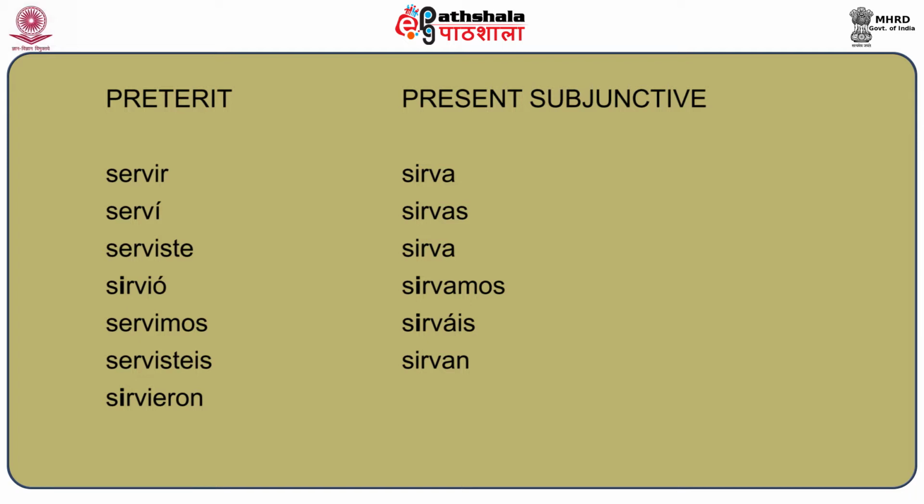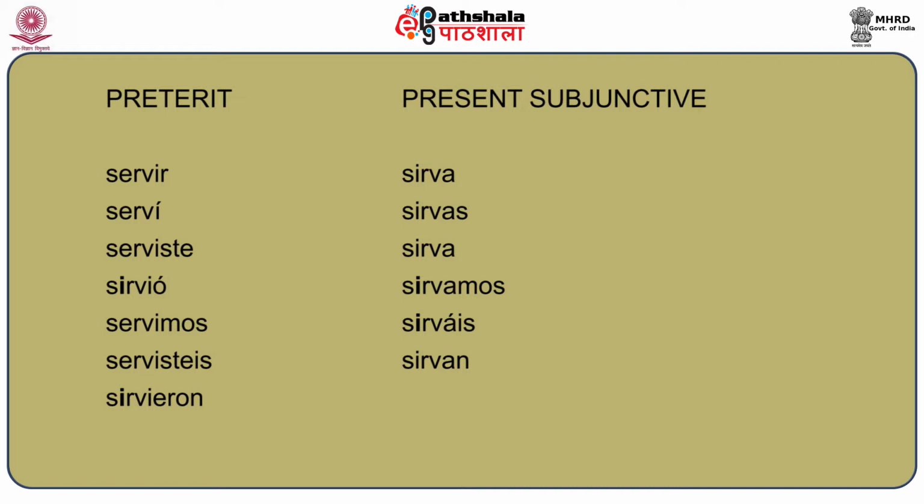As you can see, again in the third person singular and the third person plural, the verb undergoes the change of the vowel E into I. It is sirvió and sirvieron respectively.